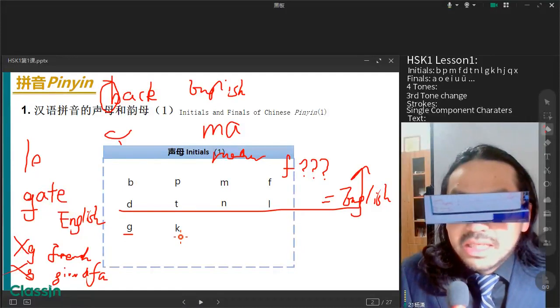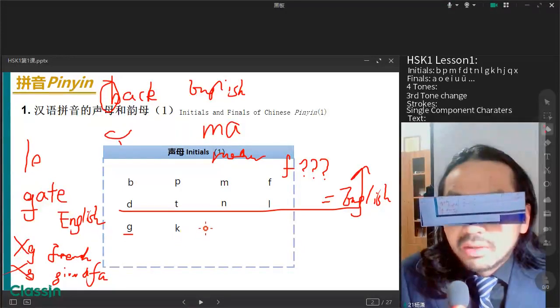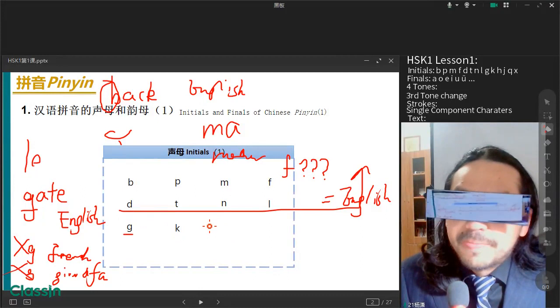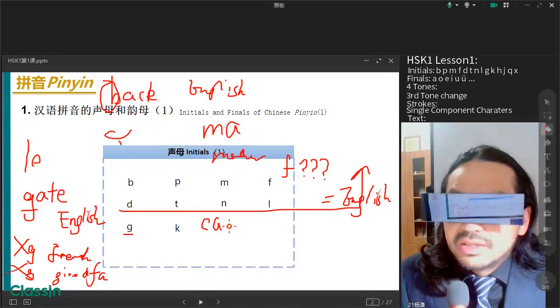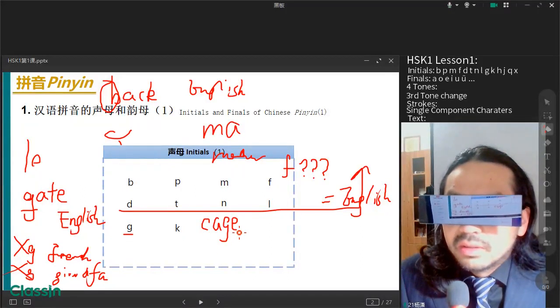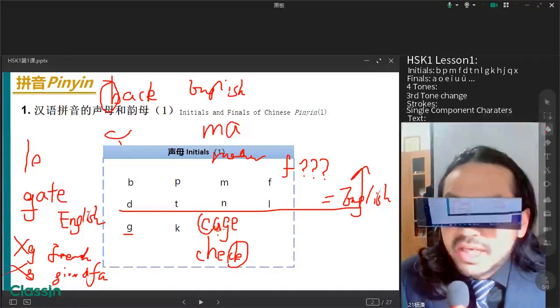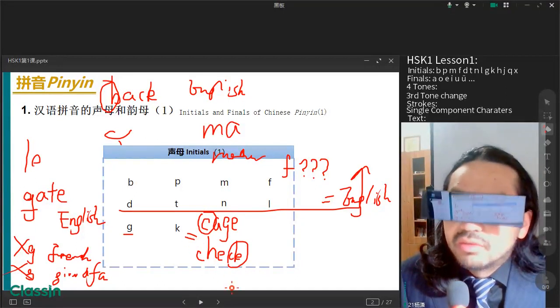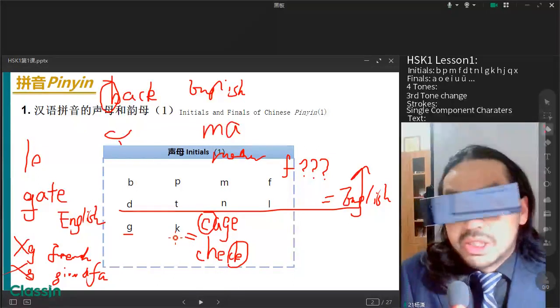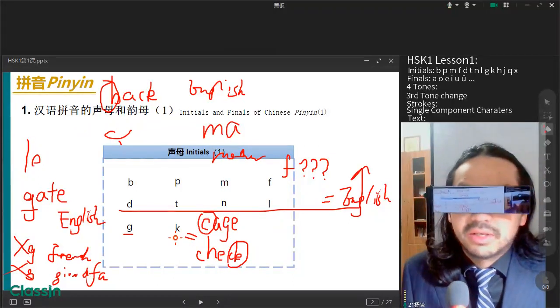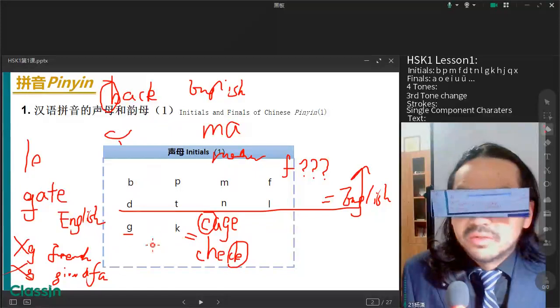And the next one is K. The G is for gate. The K is for this one, cage or check. This check or cage is equivalent to the Chinese K. It also should not be difficult.